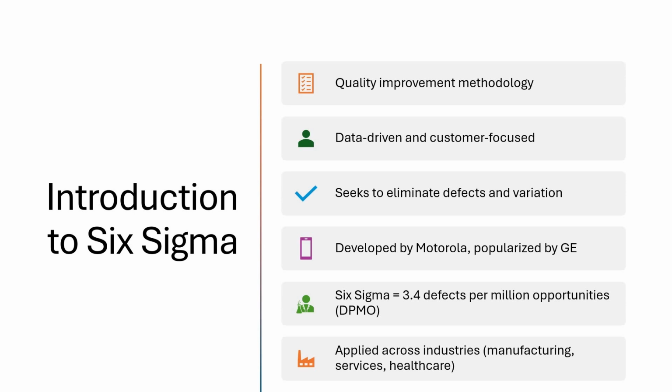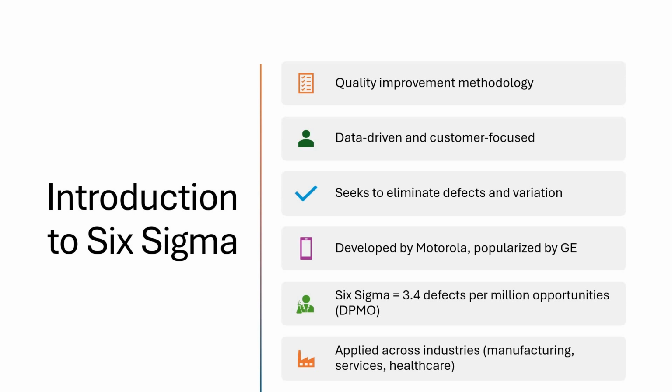Second point, it is data-driven and customer-focused. Unlike the older systems that may rely on intuition or broad assumptions, Six Sigma places data at the center of decision making, which means everything is data driven. Every improvement initiative is grounded in statistical evidence and process data. It is also deeply rooted in understanding customer needs.